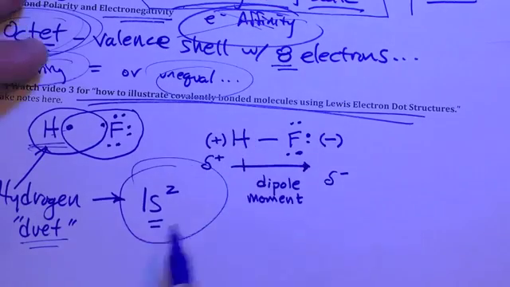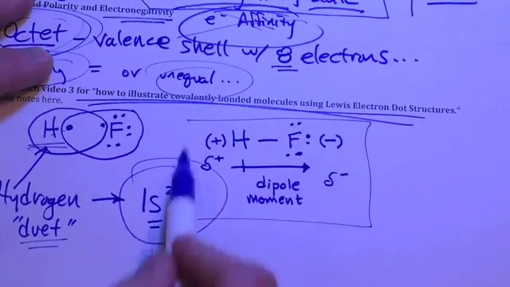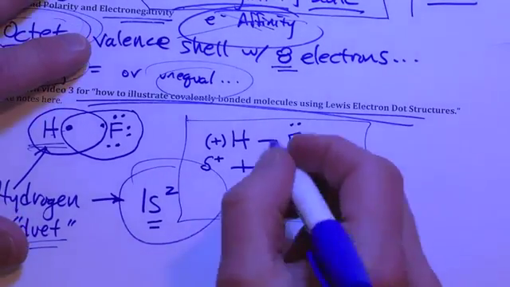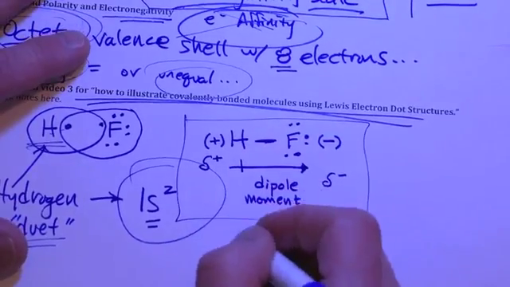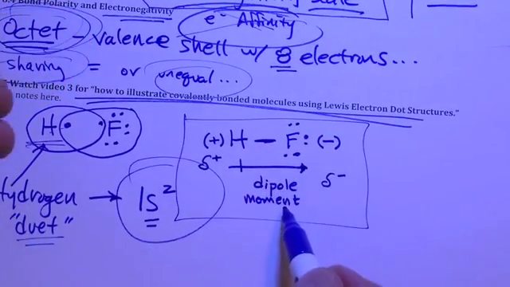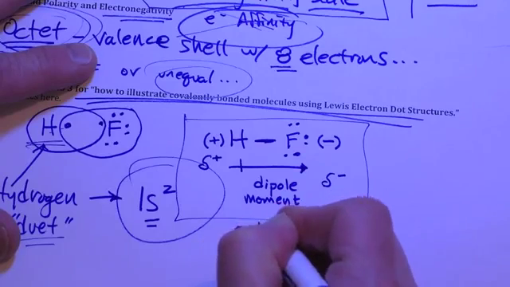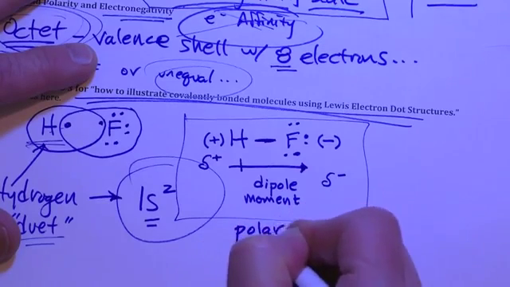You see this unequal sharing in many, many molecules, and this unequal sharing causes this bond right here to have a fancy name. It's called a dipole moment, or for short, scientists call this a polar bond.